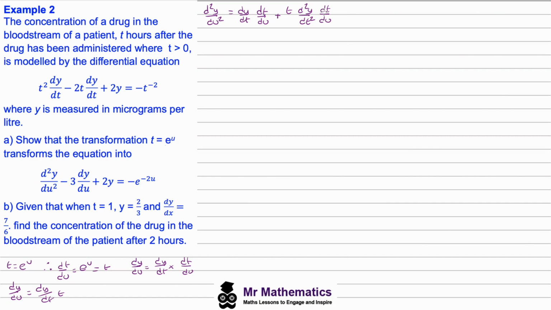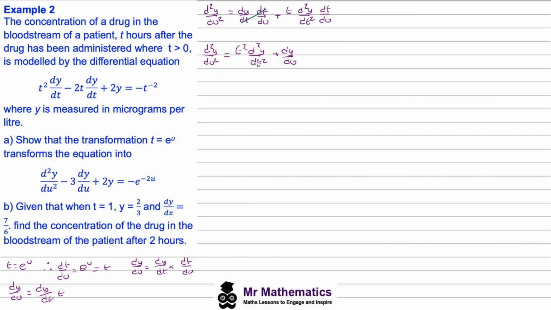We can tidy this up because we know dt by du we've found over here is t, and then we can simplify this pair by crossing out the dt's. So d2y over du squared will be, I'm going to write this bit first, t times t, so t squared d2y over dt squared plus dy by du.